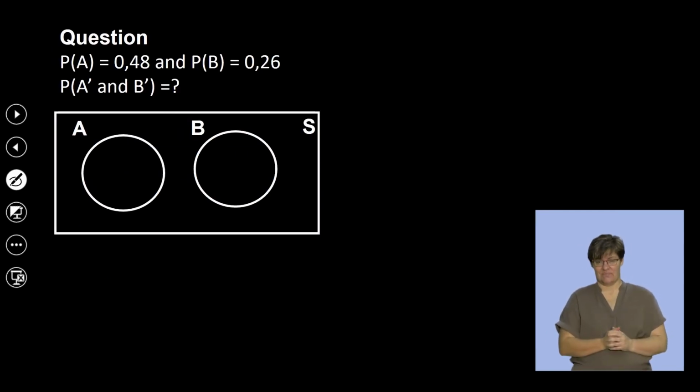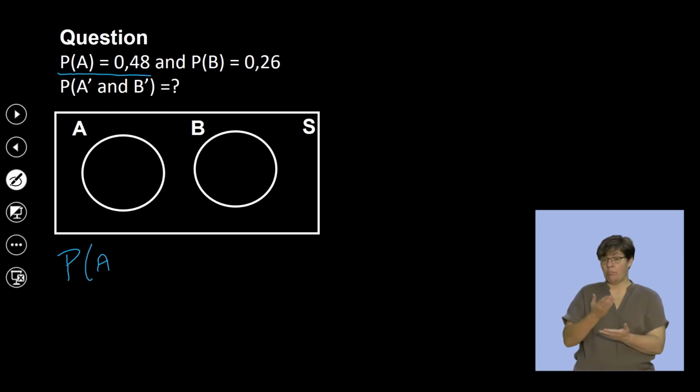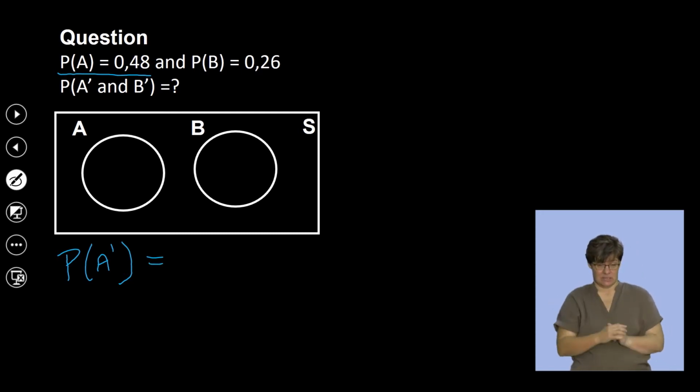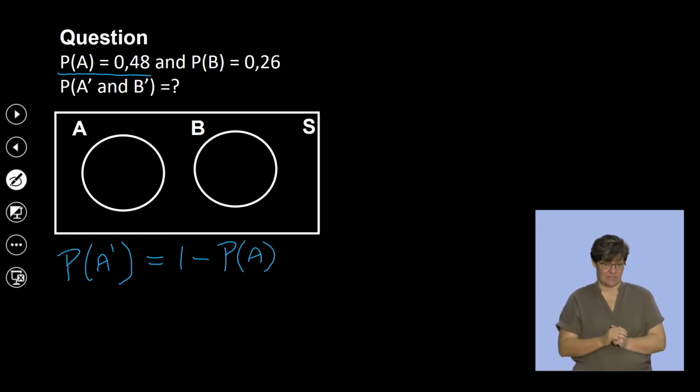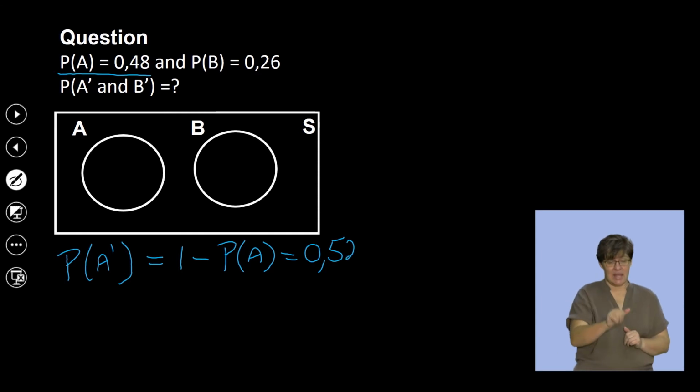So the way I start this problem is to say, if I'm looking at the probability of A as being given, why don't I find out what the probability of the complement is? And remember, the probability of the complement is 1 minus the probability of A. So in that respect, we can see that the probability of not A is 0.52.